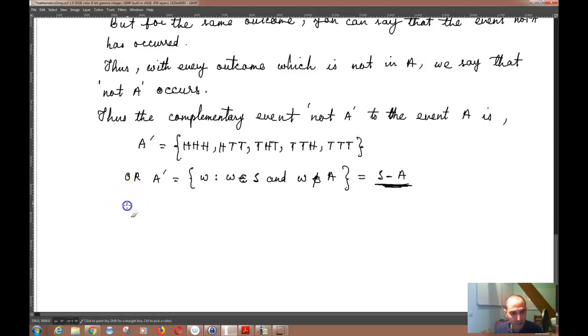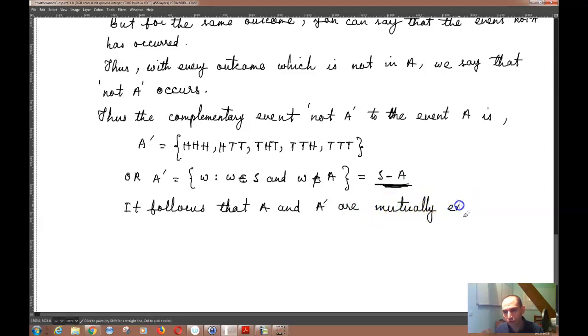So it follows that A and A prime are mutually exclusive, and also exhaustive.